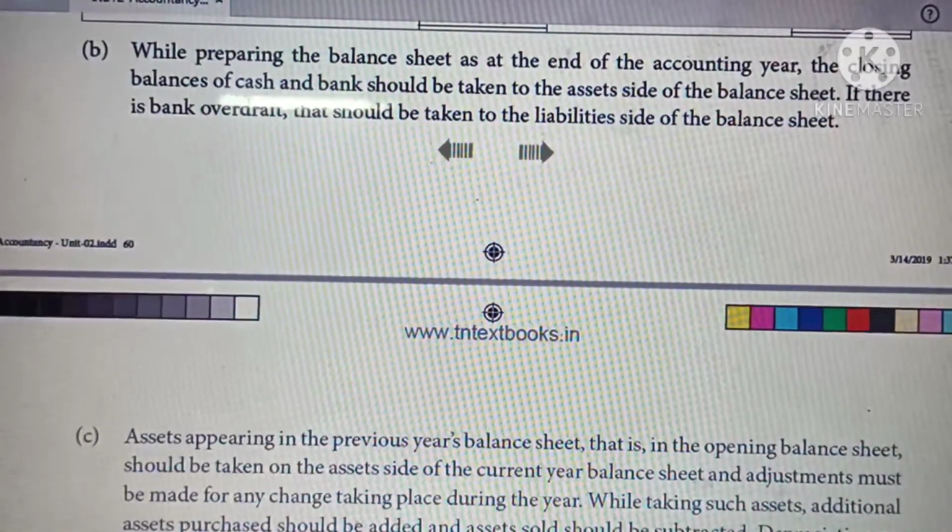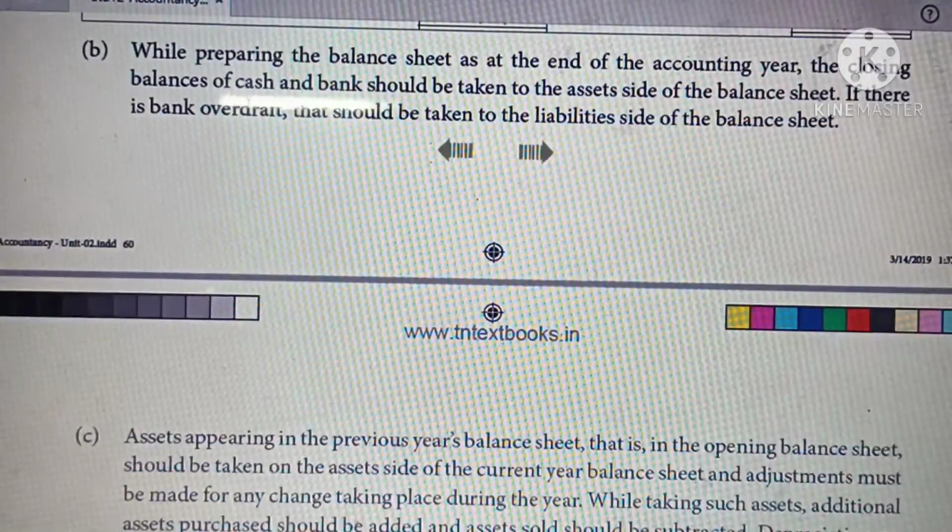If they are given opening and closing, then we have to take the closing cash and closing bank balance to the asset side of the balance sheet. If there is any overdraft, that should be taken to the liability side of the balance sheet.